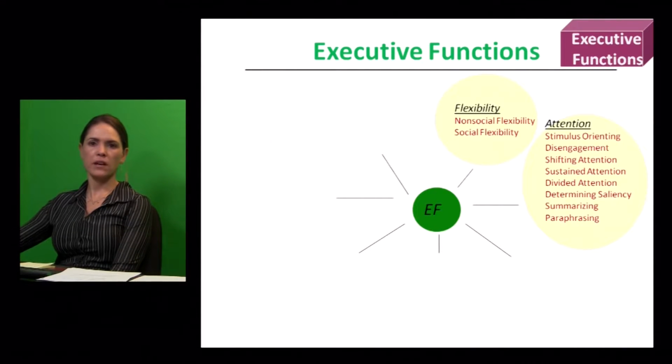So this area is going to focus on teaching the child to orient to things in their environment that they are not noticing right now, but everyone else is, or to disengage with something that they're kind of perseverating on or being obsessive about, or to be able to shift their attention from one task to another, or to engage in multitasking. This is what we call divided attention. Or even to determine what is salient in the environment that should be attended to versus what is not and can be ignored.